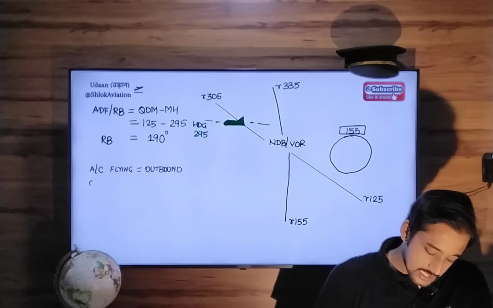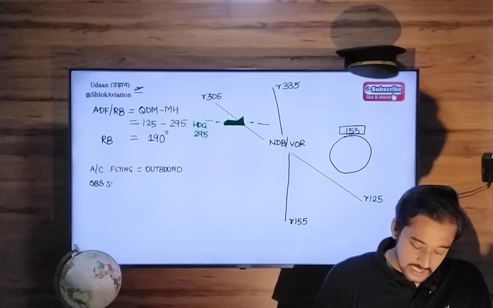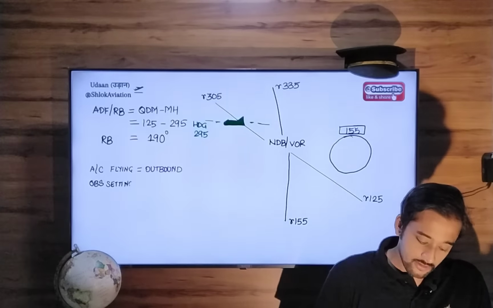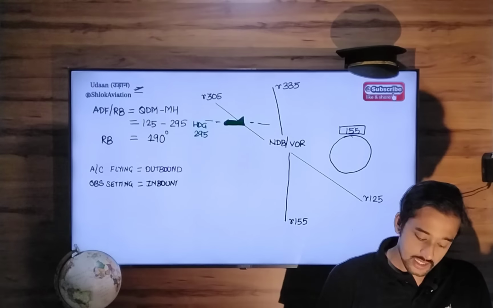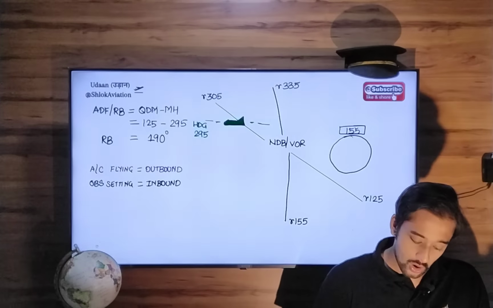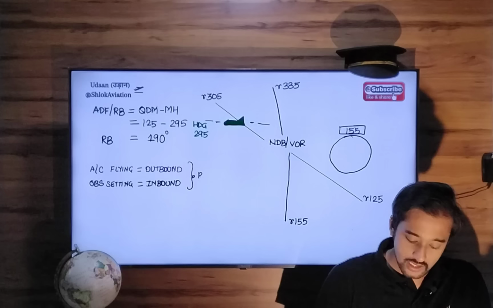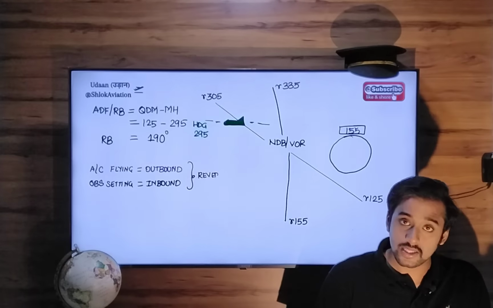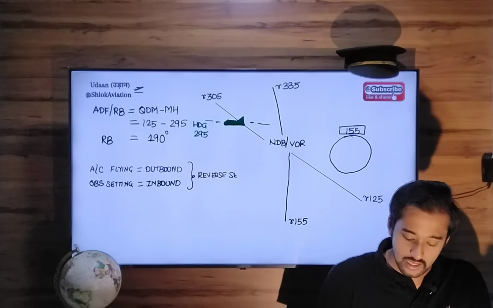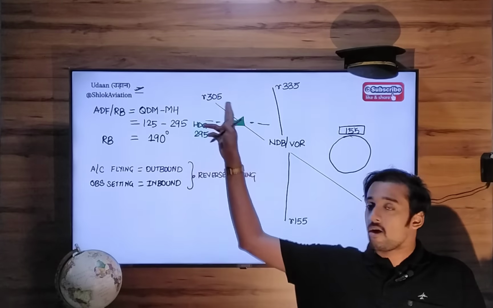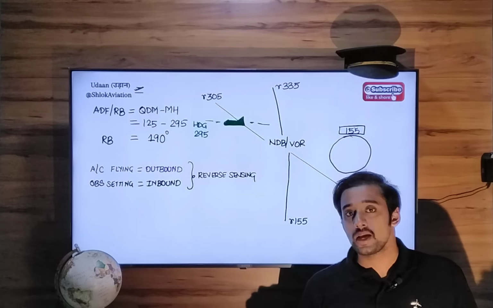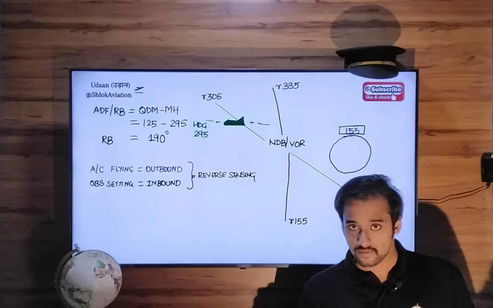So OBS setting is one meant for inbound. So this is a perfect case of reverse sensing. You are flying outbound, but the settings in the OBS are meant for inbound.